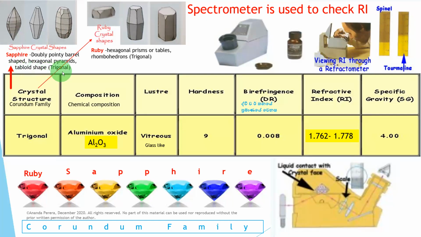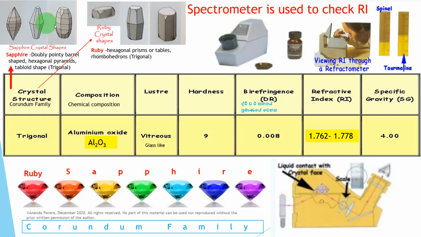Tabloid shape means trigonal. Look at this ruby. Hexagonal prisms or tables. Rhombohedrons are there. Tabloid or hexagonal pyramids. Rhombohedrons, but trigonal. Both are trigonal.